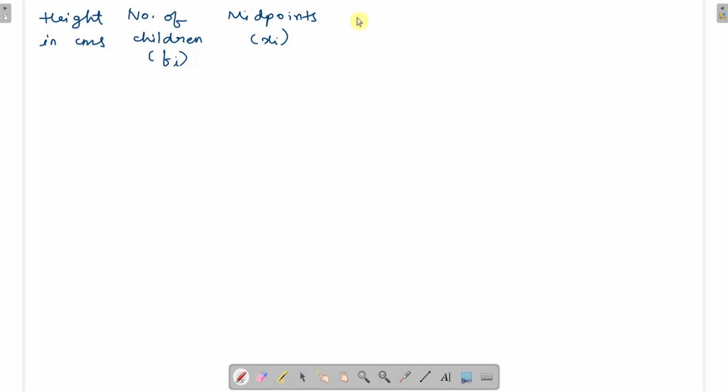Then we have to write yi equal to, because we are using the shortcut method, the step deviation method, yi equals xi minus capital A divided by h. Then we have to find yi square, then fi yi, and then fi yi square.